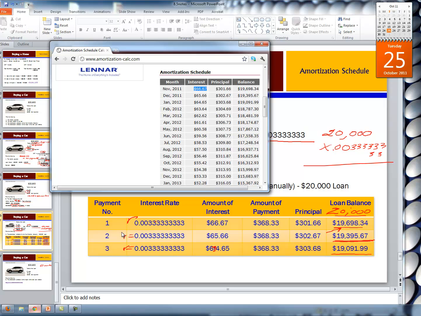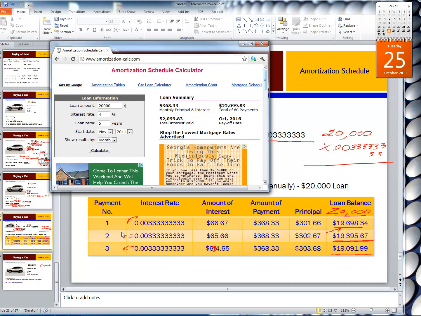It tells you the total interest paid, which matches up exactly with what we got. The total of the 60 payments matches exactly with what we got. And you can actually see this interest column going down, this principal column going up, and the actual balance for the entire 60 months. And you'll notice it ends up at $0.